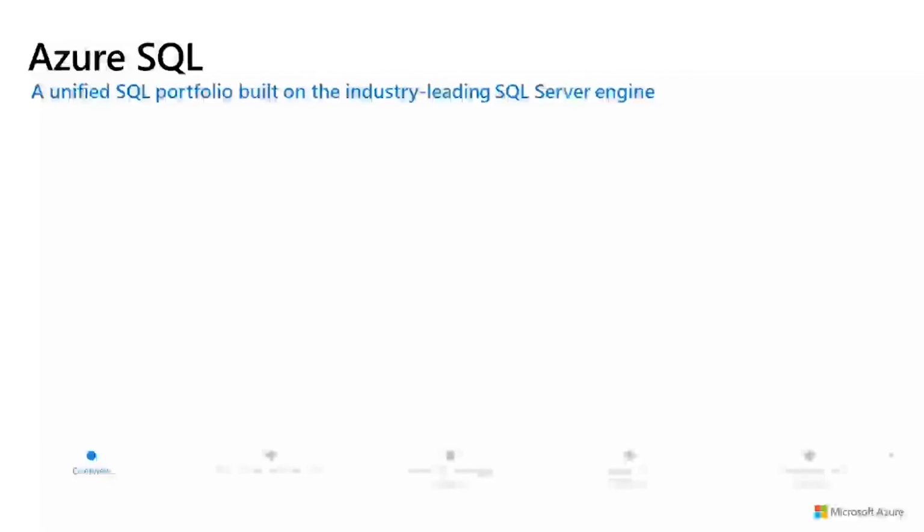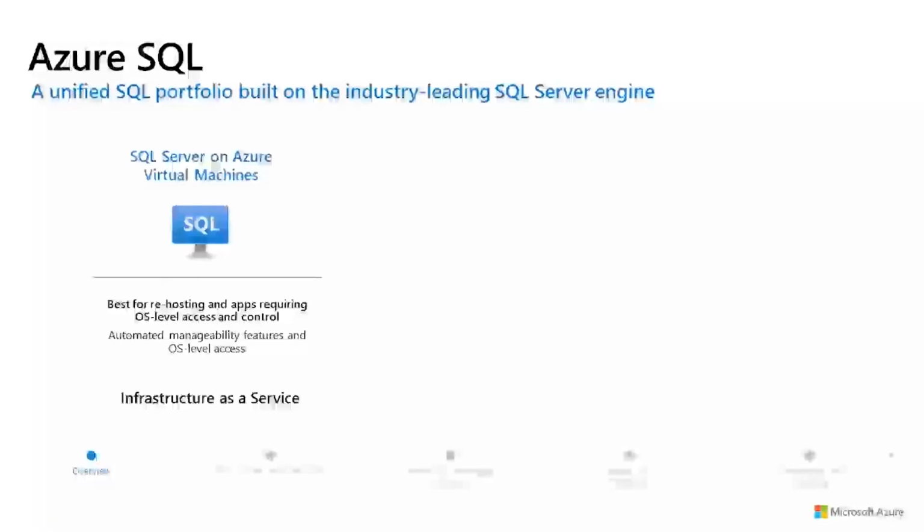Microsoft is famous or infamous for our name changing, but I think this one's going to stick at least for a little while. Really what we're doing with Azure SQL is grouping all of the options for SQL running in Azure into one portfolio, making it easier for you to see all of them together as well as to choose the one that makes the most sense for you.